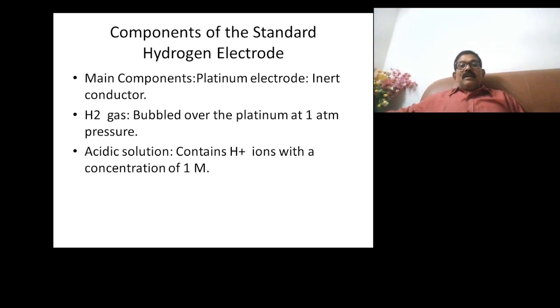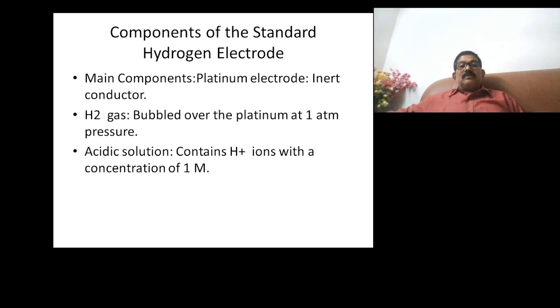It is an inert conductor, inert with respect to chemical reactions, and it passes electricity through it. Hydrogen gas. Hydrogen gas is bubbled over the platinum at a pressure of 1 atmospheric pressure.